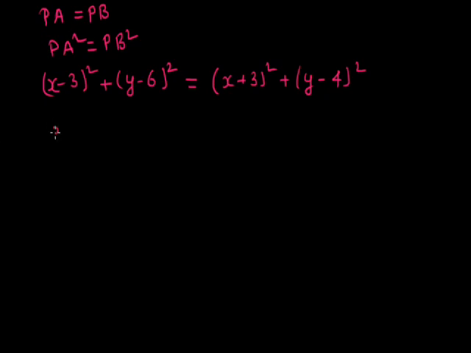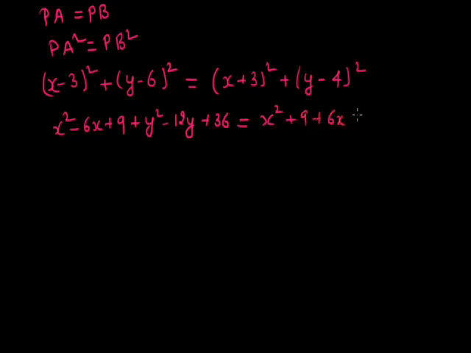Now, expanding this, x square minus 6x plus 9 plus y square minus 12y plus 36 is equal to x square plus 9 plus 6x plus y square plus 16 minus 8y. Now, by solving, we find that x square and y square are cancelled.